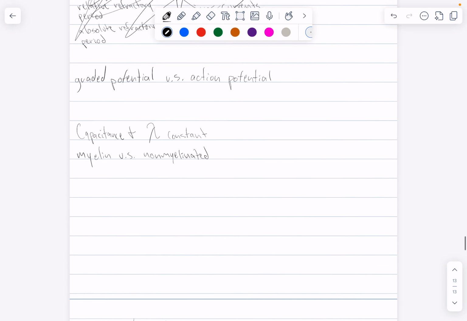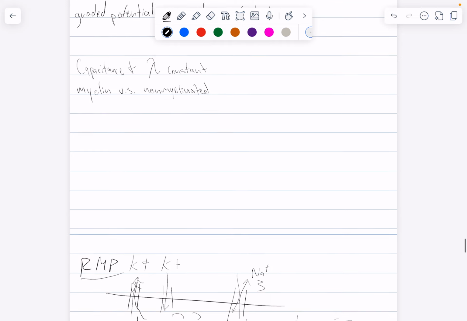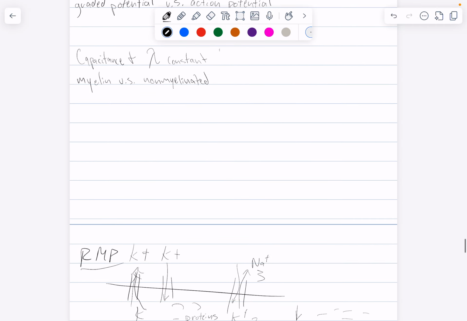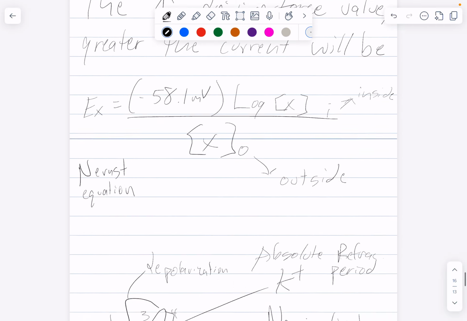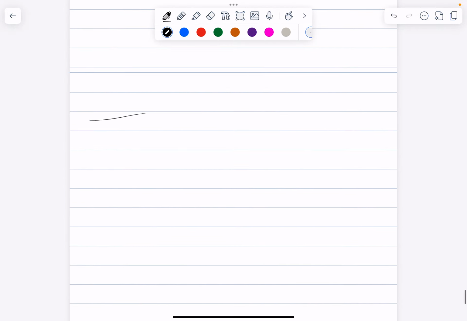Now we're going to talk about capacitance. Okay, so with capacitance, you got the positives on the outside.